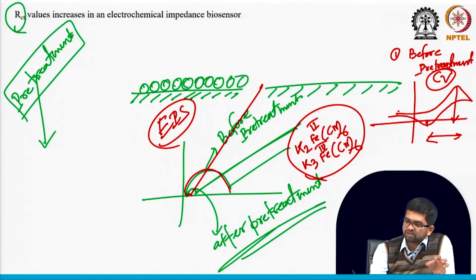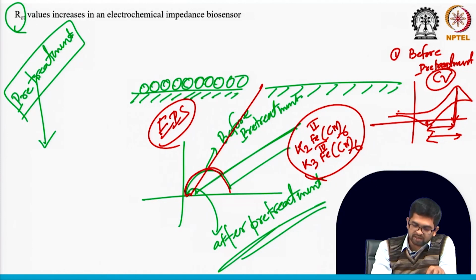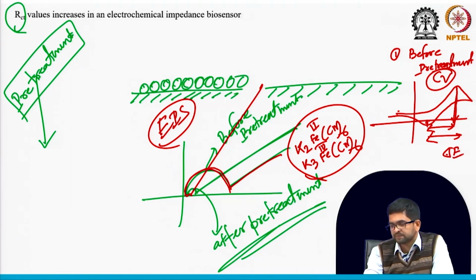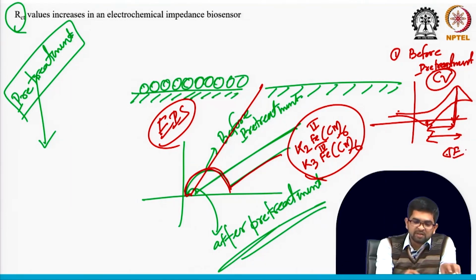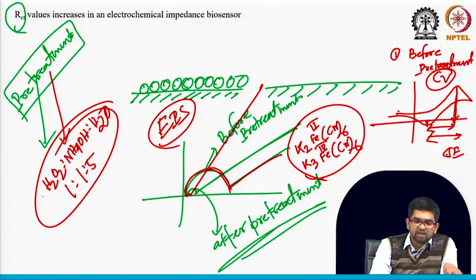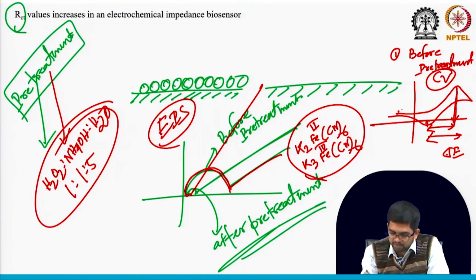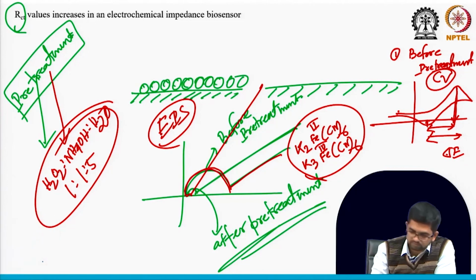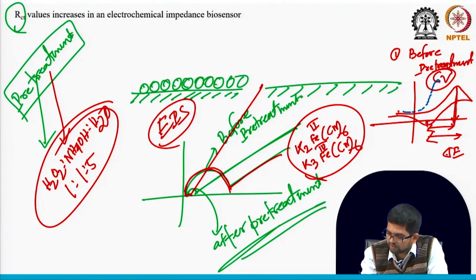When your oxidation potential and reduction potential are very far from each other, it means the surface is not that catalytically active, not conductive, and you are getting a higher RCT, and a very high delta E value. Now, you use some pre-treatment like hydrogen peroxide, ammonium hydroxide and water mixture, 1:1:5. After this pre-treatment, you can see your cyclic voltammogram actually shifted.